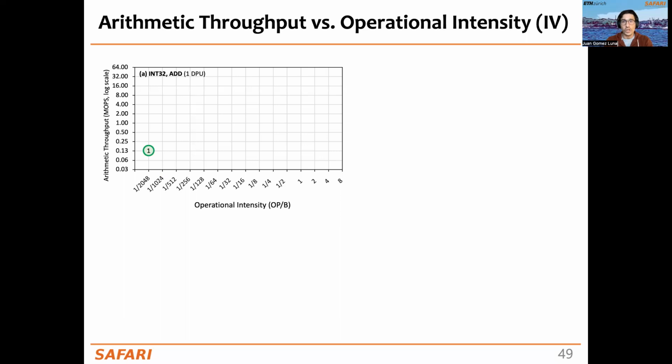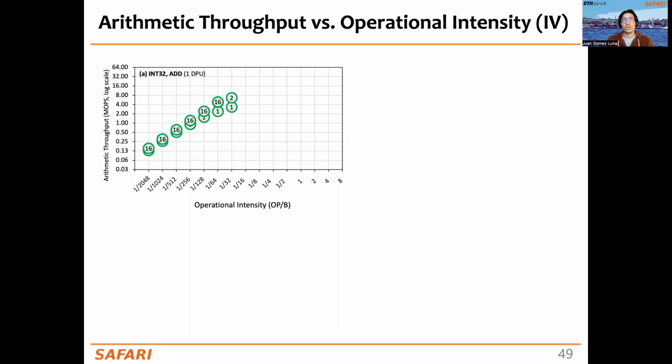So the result of that, as we have seen in the stream benchmark, is that the arithmetic throughput saturates at a low number of tasklets. In this case, it saturates at 2 tasklets. And we can see that for a higher number of tasklets, the throughput is exactly the same. And this trend remains for higher operational intensity, as you can see here.